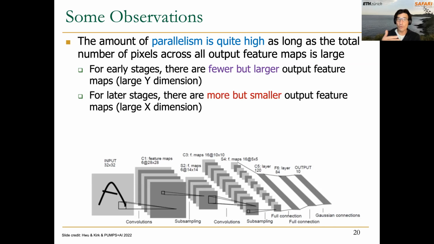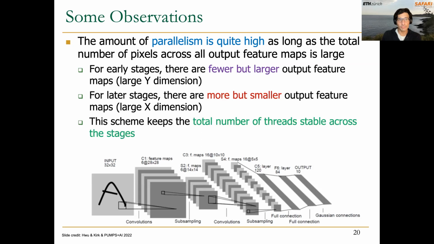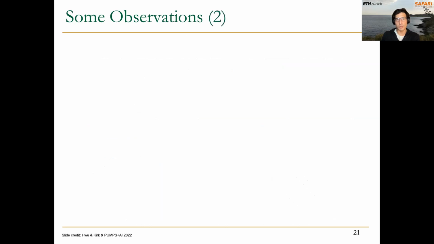And typically, for later stages, the feature maps become smaller, but there are more, so we have a large X dimension. This scheme keeps the number of threads more or less stable across the stages. That's something pretty interesting when it comes to implementing an entire neural network onto the GPU.